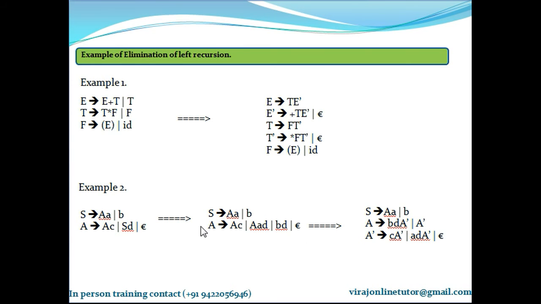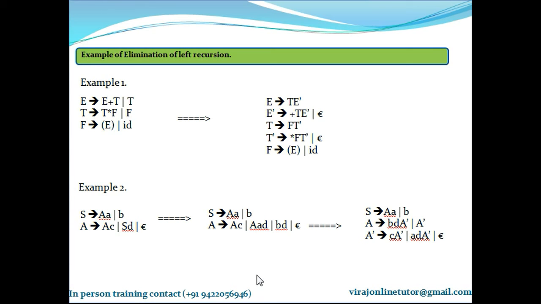Again I'll explain. This is of the format A alpha 1 or A alpha 2 or beta 1 or beta 2. So replace this with A gives beta 1 A dash or beta 2 A dash, and A dash gives alpha 1 A dash or alpha 2 A dash or epsilon. So this is how I have explained to you how to eliminate direct left recursion and indirect left recursion.